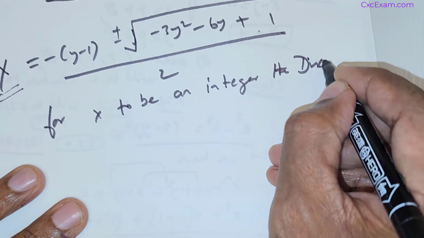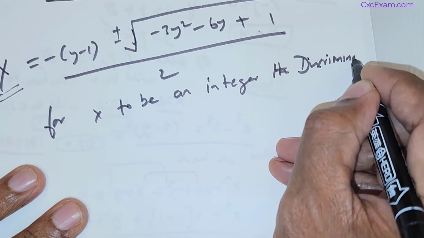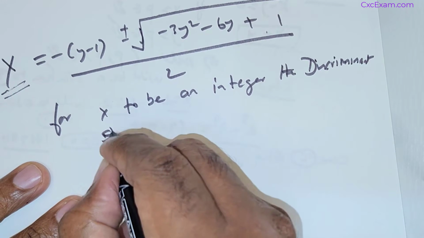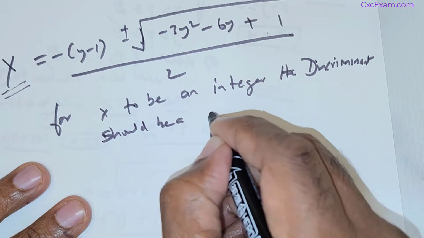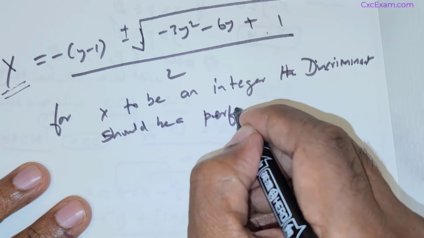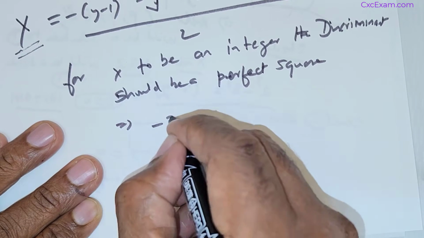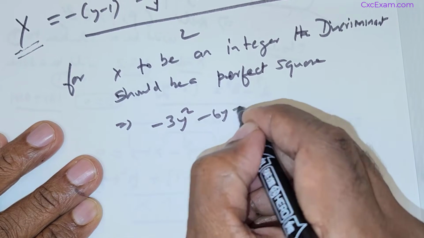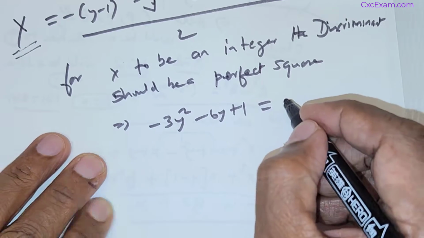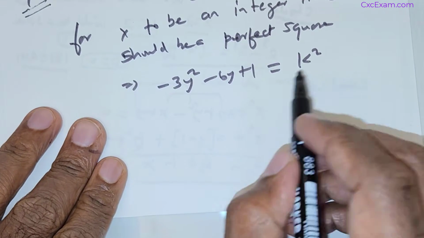The discriminant should be a perfect square. So this means negative of 3y squared negative 6y positive 1 should be equal to some k squared.